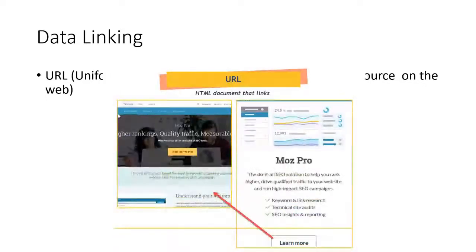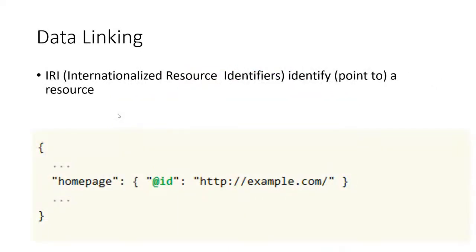So if we go to, for instance, Moz and look at their page, they have a button called Learn More. When we click that, it links to that particular page on the Moz website. But that could be anything.